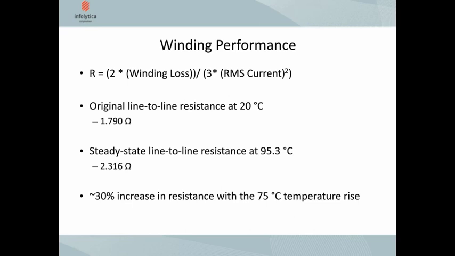At 20 degrees C, our winding resistance line-to-line is 1.79 ohms, and at 95 degrees, it's 2.3 ohms. If we do the math, that's a 30% increase, and that's indeed consistent with our 75-degree temperature rise.